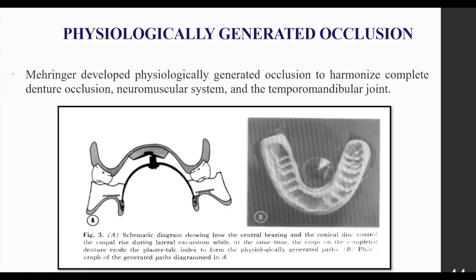Then a conical disc is attached to the parietal region of the maxillary denture, and the lower denture base is attached with plexiglass, followed by fabrication of a plaster and talc index, and by attaching the central bearing device which fits into the upper conical device. A plaster and talc index is made by asking the patient to make chewing and swallowing movements, which creates a functionally generated pathway. The maxillary cast is then poured for the generated pathway, and the lower teeth are arranged accordingly.